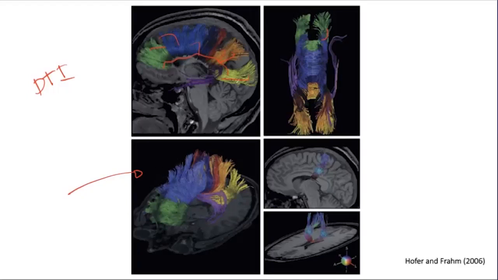But meanwhile, I should say when we have, let's say, one fiber here, this fiber or fibers that we have here, it doesn't mean that we have a white matter tract like this. And even the diameter of the fiber that we have is not related to the actual diameter of the white matter tract. Whatever we have here is just related to the size of the voxels within the DTI imaging that we are doing. So they are not real white matter tracts.